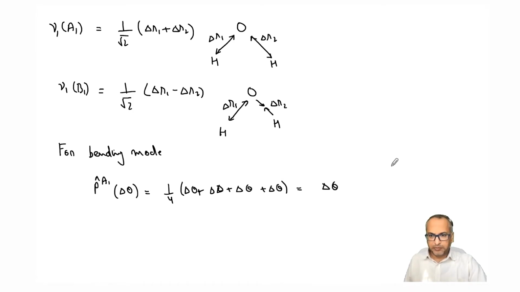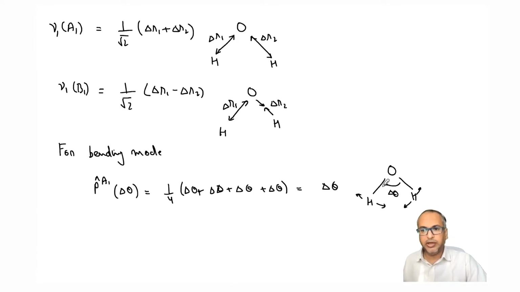So the only bending mode which is possible here is that the two protons will move like this, right? There is a change in the angle, increase or decrease. That's the only bending mode which is possible.